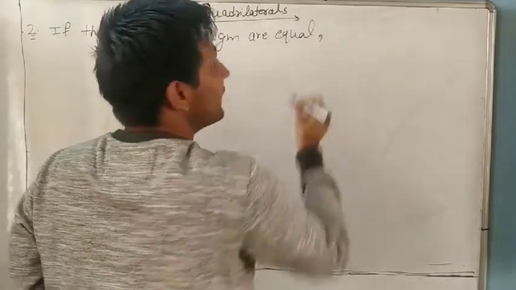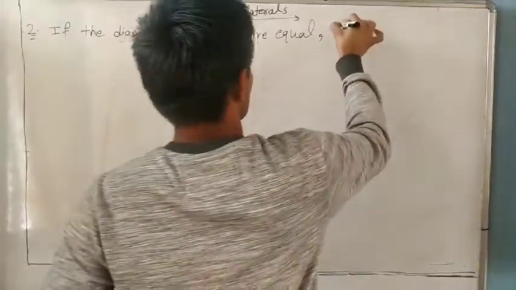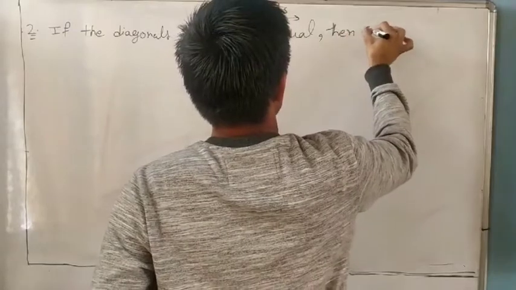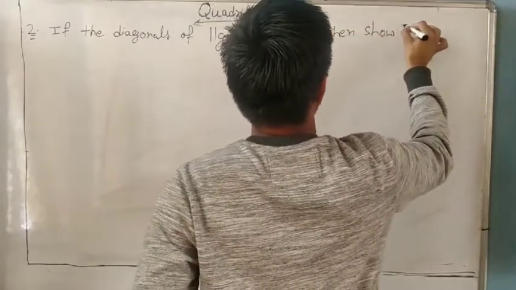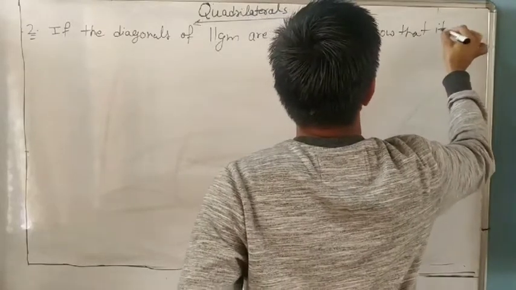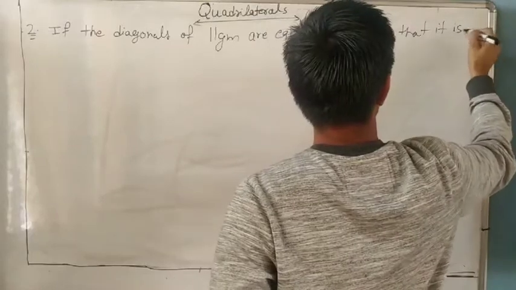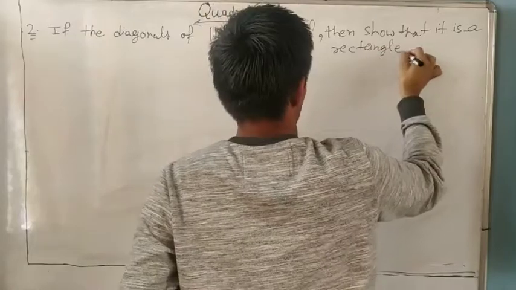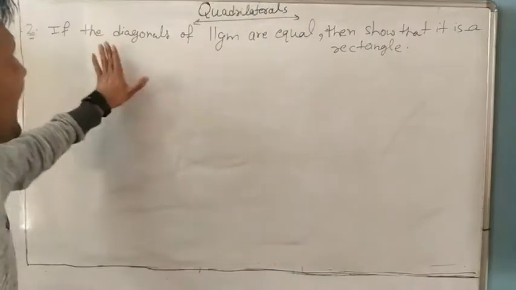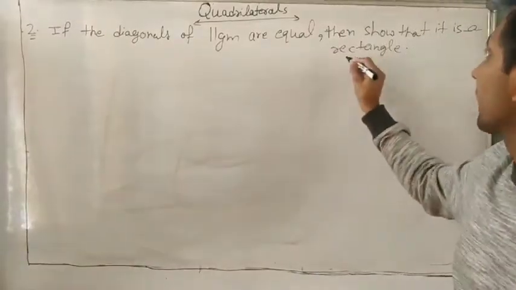Diagonals are equal in a given parallelogram. We have given a parallelogram and we have to show that it is a rectangle.